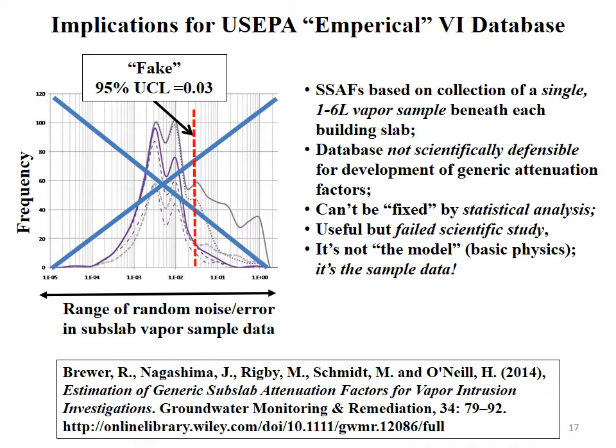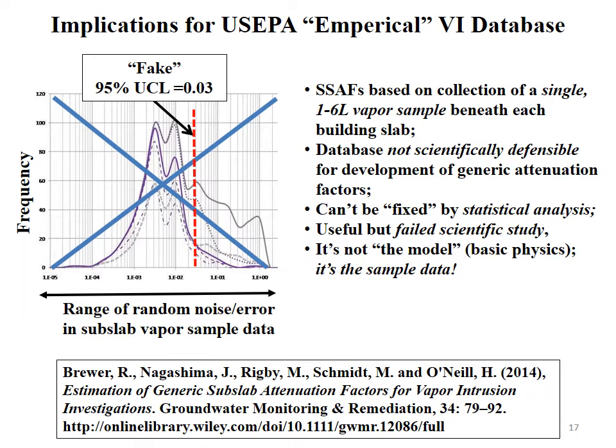I have no idea how many. What can I do with the data? Well, you can't do anything with the data. Your database is no good. Statistics can't help you. So the US EPA's empirical vapor intrusion database, which I certainly spent a lot of time on early on, is what we'd call a useful but failed scientific study.